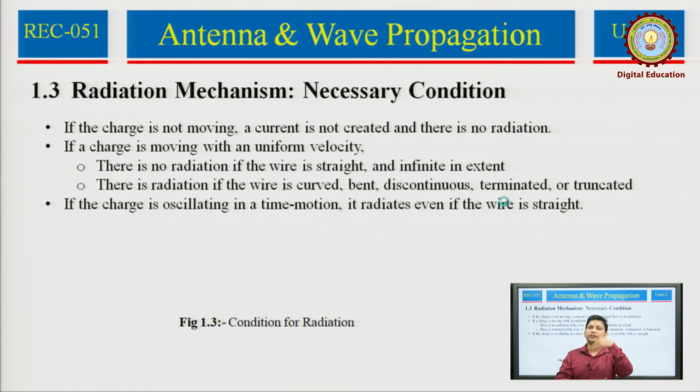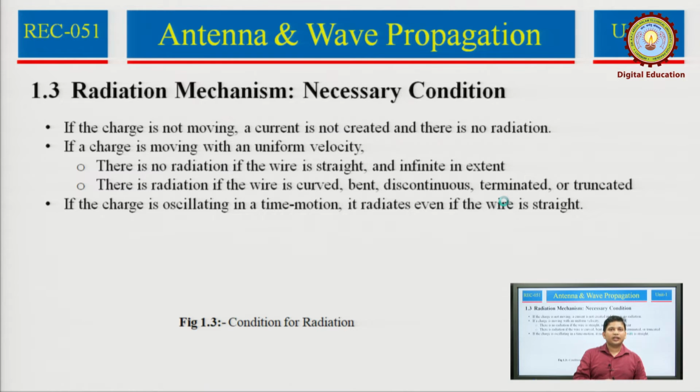But if there is some disturbance in the structure, like a taper, a discontinuity, a circle or any other shape, because an antenna can be of any shape, then with uniform velocity there must be radiation.